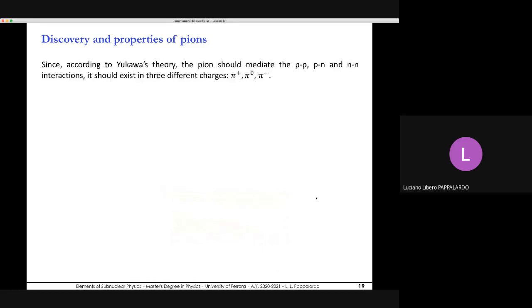Now, since according to Yukawa theory the pion should mediate the proton-proton, but also the proton-neutron and the neutron-neutron interaction, it was understood that it should exist in 3 different charge states: the pi plus, the pi 0, and the pi minus.